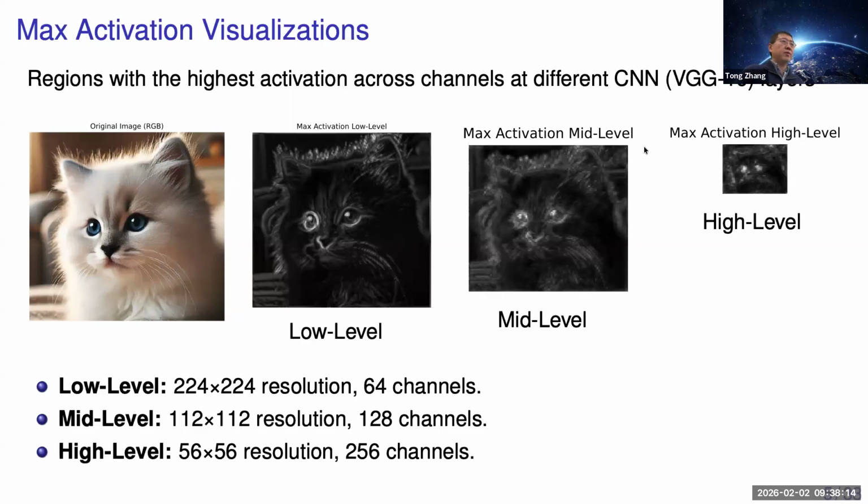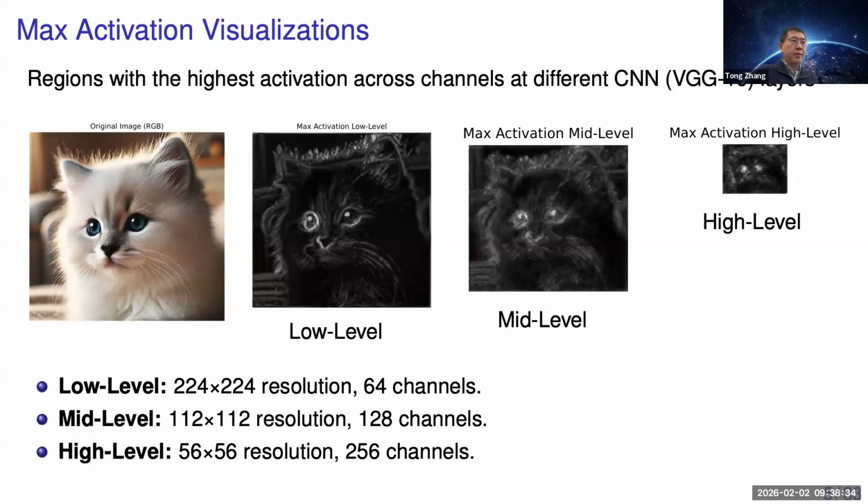This is how it manages: each time it uses a smaller local combination, but you form a global feature by combining local features together. So this is hierarchical, and this is how it works.